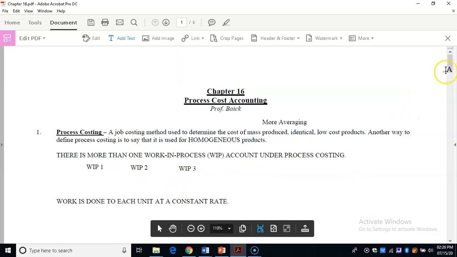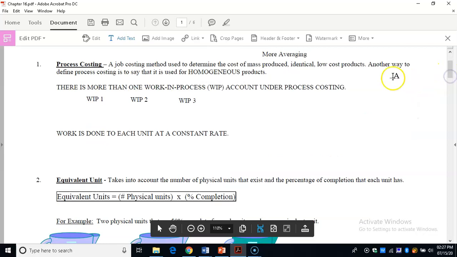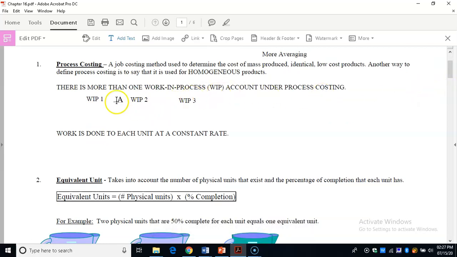So for process costing, you would have a work in process account for each process or each step. So for process costing, maybe we do machining here, then maybe we do painting, and then packaging. So there would be more than one work in process account.